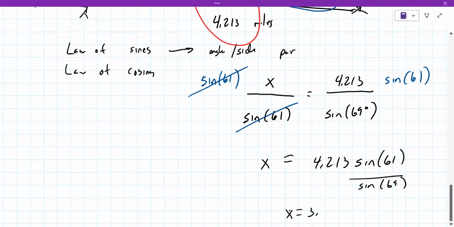Yeah, and that's in miles because the other one is in miles. That was given.